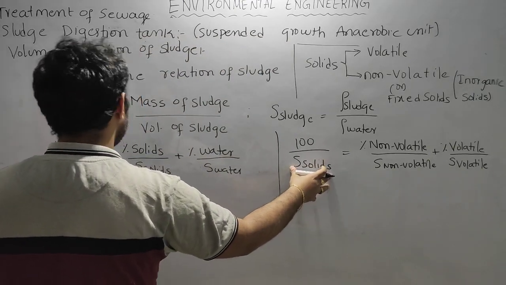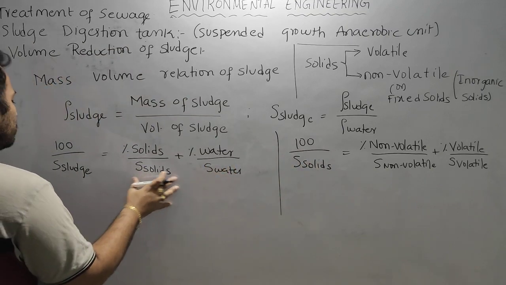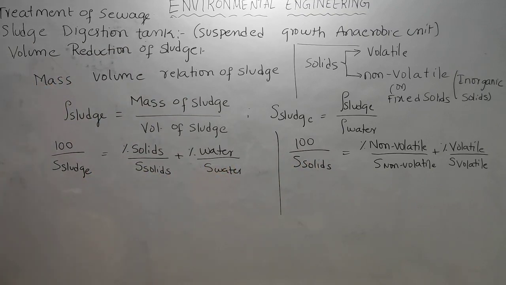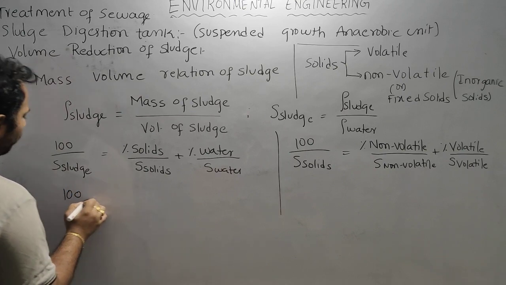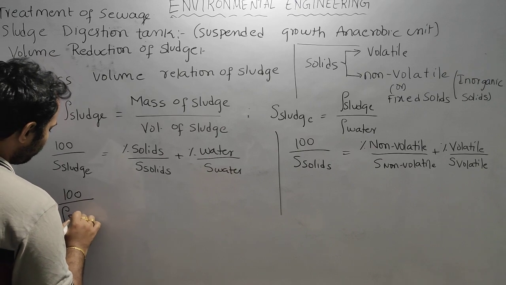So once you know the specific gravity of the solids, we can find the specific gravity of the sludge. Once you know the specific gravity of the sludge, we can find the moisture content and the volume to which we need to reduce. All those things we will understand only if you know the specific gravity and the density. In the same manner, we can find the density of the sludge also.